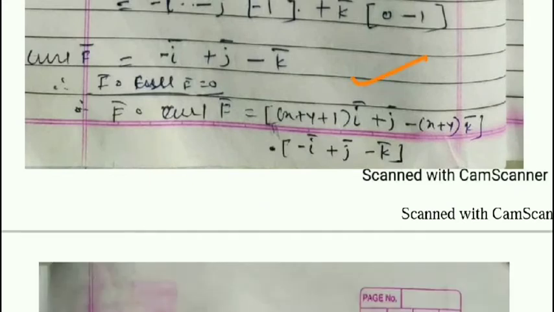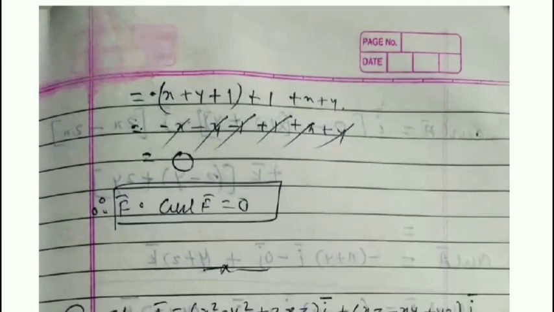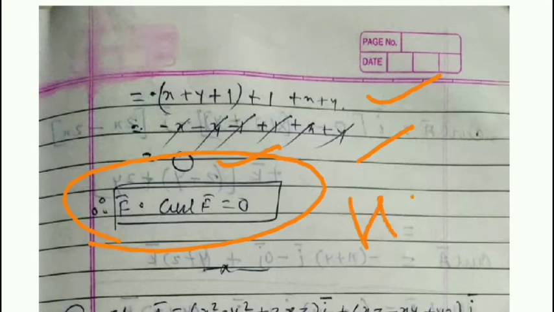The value of f bar is this, and we take the dot product with curl of f bar, whose value is minus i plus j minus k. After taking the dot product and simplifying, we get the value 0. Therefore f dot curl of f bar equals 0, hence proved.